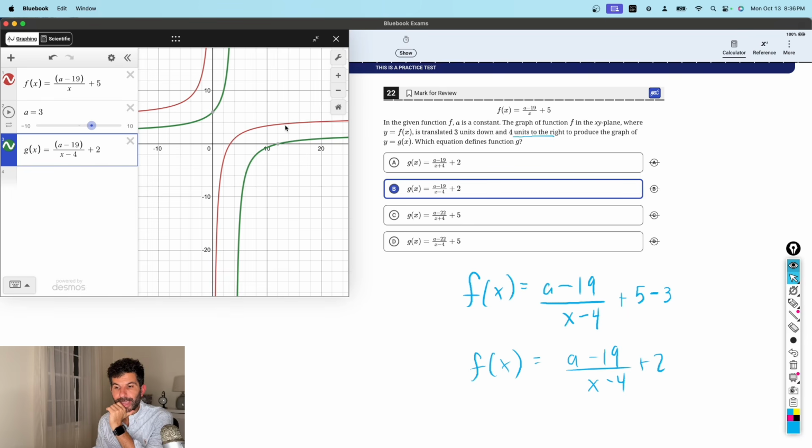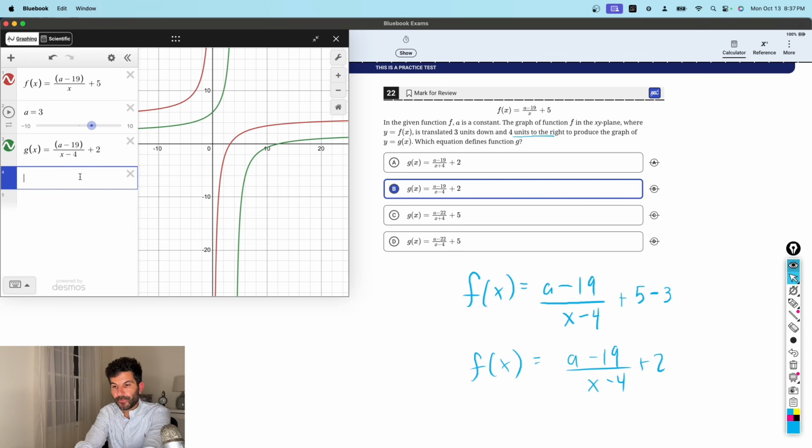So did that green drop down, first of all, 3 units? It sure did. Did it go to the right or did it go to the left? You can see that the green moved to the right of the red function. So that would be further confirmation where I would be content with my answer.